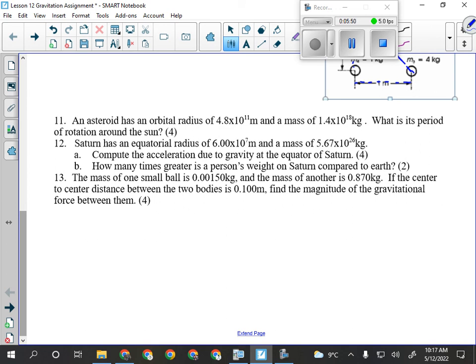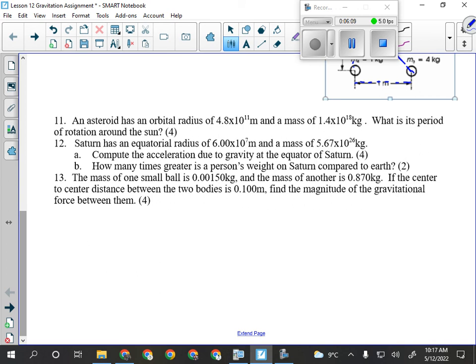Now, I realize Saturn is made of gas and that you probably can't physically stand on its surface, but imagine you can stand on its surface. What would the acceleration due to gravity be there? And then just asking how many times greater would a person's weight on Saturn be compared to Earth? The answer to that might be surprising.